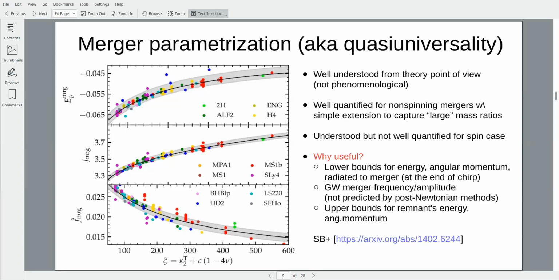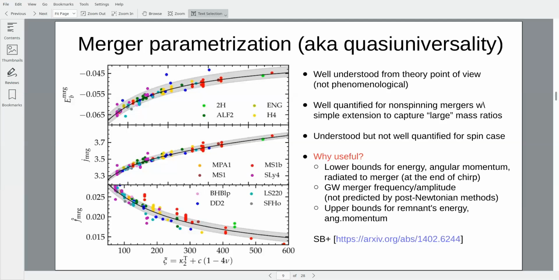The answer is in these plots, which are an example of how one can combine analytical insights with numerical relativity simulations. From the analytical side, the EOB approach suggests that it is possible to qualitatively characterize the merger dynamics using just a single tidal parameter, which is there also in the Newtonian limit.